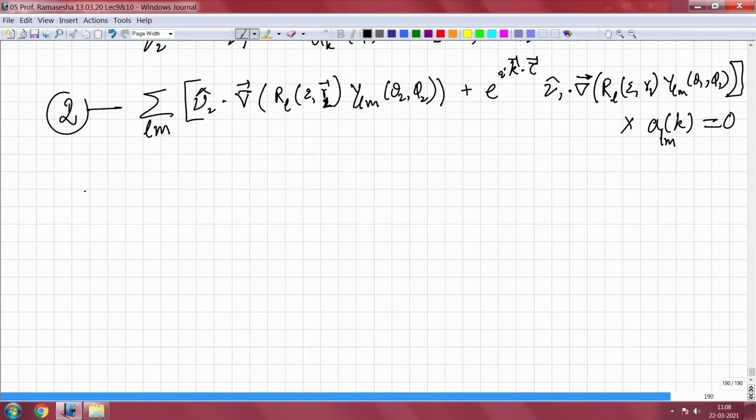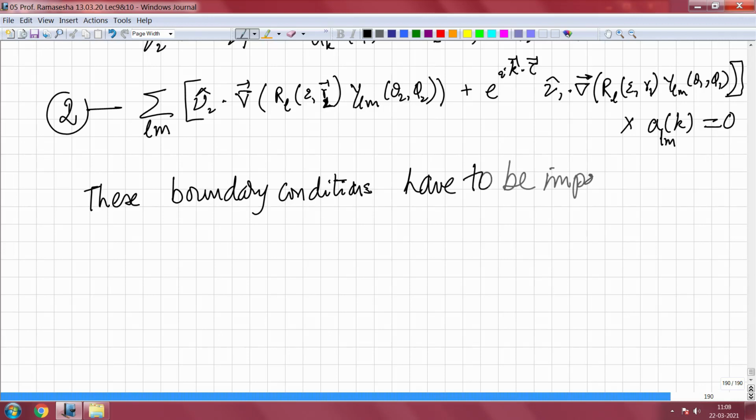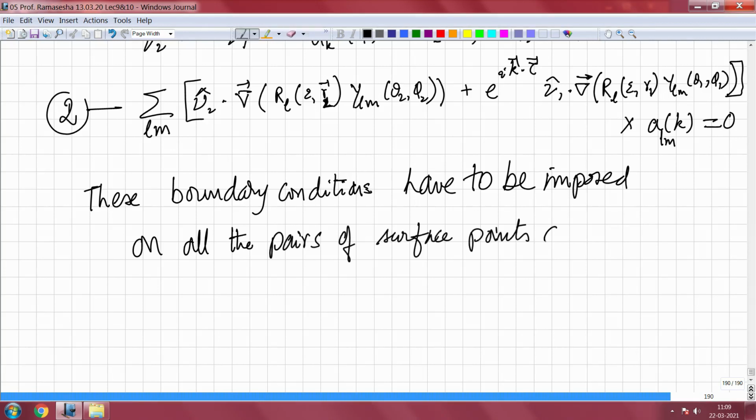So, these boundary conditions have to be imposed on all the surface points, pairs of surface points on the Wigner-Seitz cell, I am sorry, not the Brillouin zone.